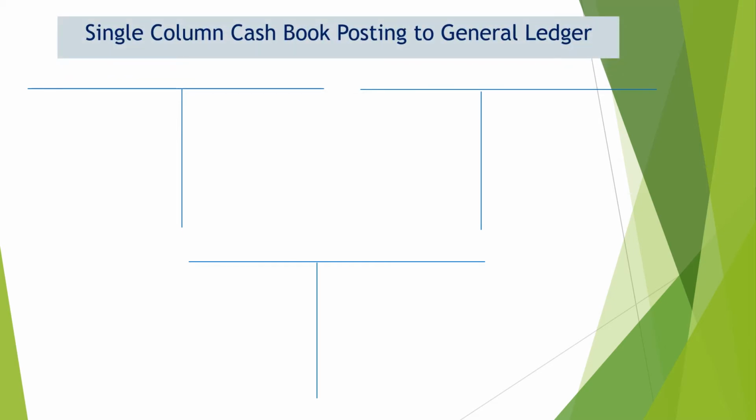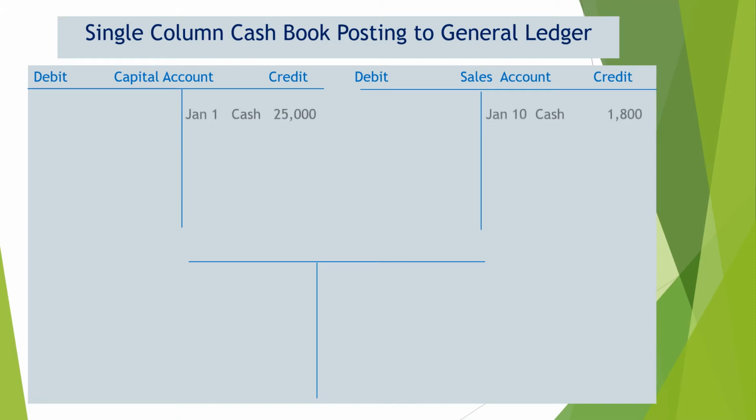Now we come to the posting. You can see the capital account here and sales account are being credited as other effects of cash receipts.